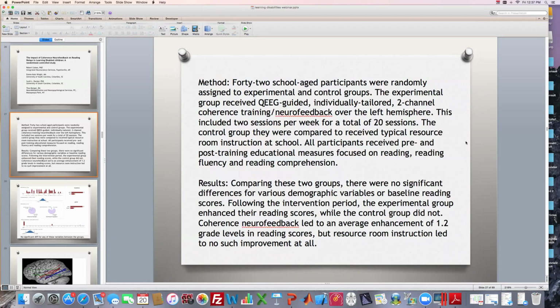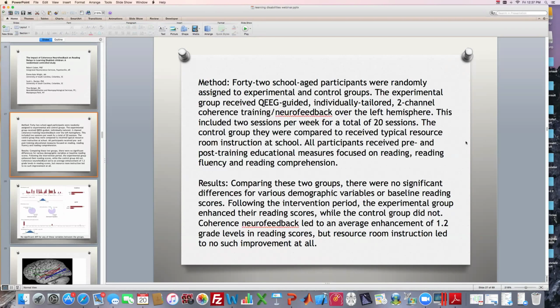The experimental group received QEEG guided, individually tailored, 2-channel coherence training neurofeedback over the left hemisphere. I know that's a mouthful, but basically what we did is we did neuropsychological educational testing with them and QEEGs. We looked at multivariate coherence analyses.